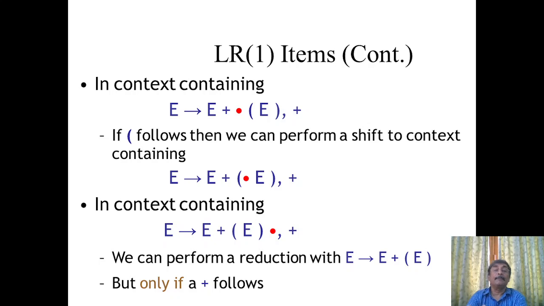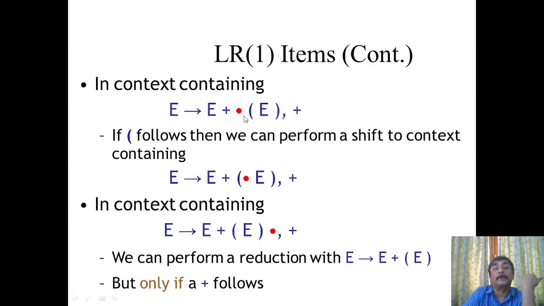So as I said, assume that at some point your context says that we have already seen E plus at the top, and there is a plus here. What do I need to do now? Naturally, it follows that you can perform a shift operation, no doubt about that.